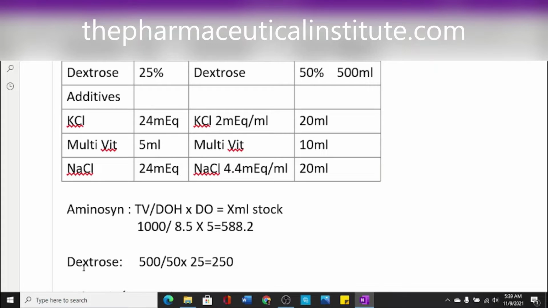So we need 250 milliliters of our stock dose of D50, and 588.2 milliliters of our dose on hand of aminosyn, 5%. Excuse me, 8.5%.